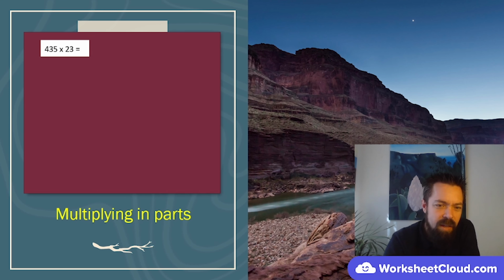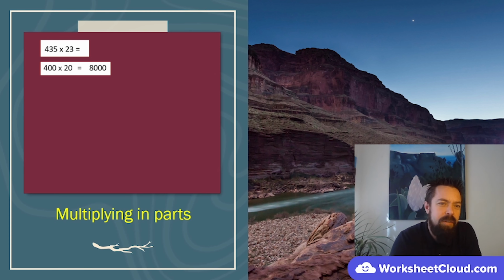Okay, here's one of the methods we can use for multiplication. I want to call it multiplying in parts. I don't use this, and I'll explain why when I've done it, but it is good to practice. It helps with your use of numbers. Let's say we had 435 times 23. I could start off by looking at my 400 times the 20 from the 23.